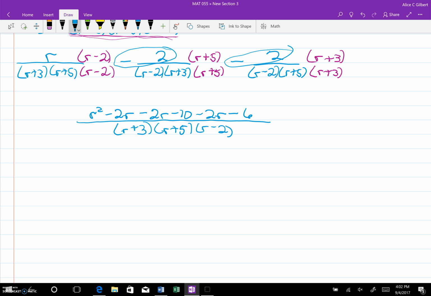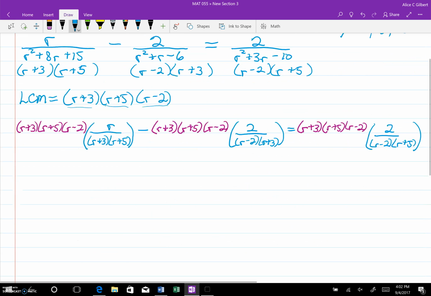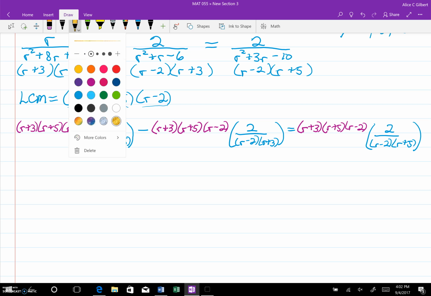So then this is r squared minus 6r, and then 10 minus 16 over r plus 3, r plus 5, r minus 2. I may or may not be done here yet. I'm not sure. Let's go back and do the next step on this guy.